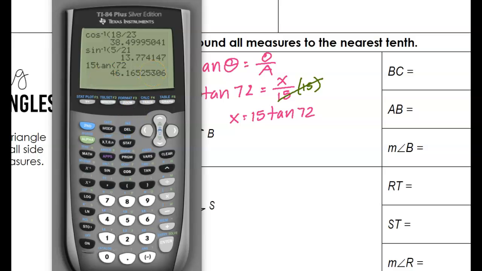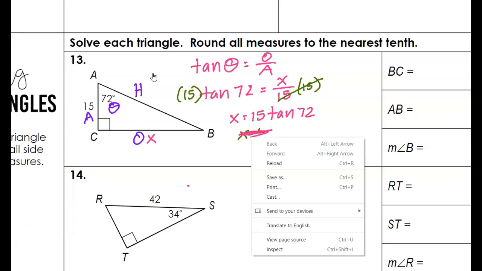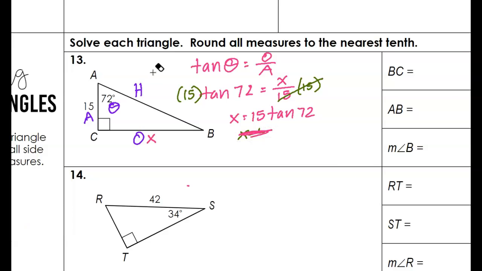So our x length is 46.17. Which we just found, that was our BC length here, 46.17. So now we can find the other missing parts.